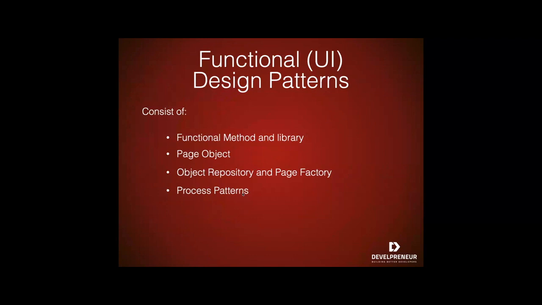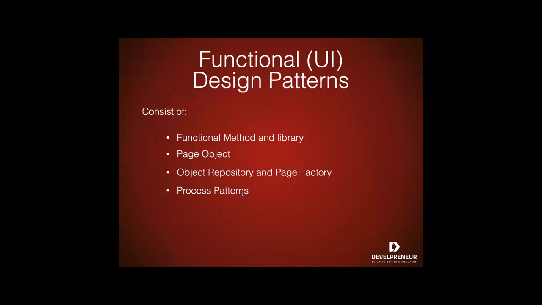One other thing to think about with page objects is if you take a sitemap of a website, every single page on a sitemap essentially is defined as a page object class with all the elements of the page defined in there, as well as all the methods for interacting and page navigation. Then you would potentially apply the third pattern here, where you have object repository and page factories.